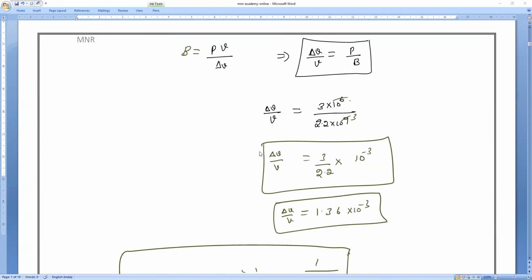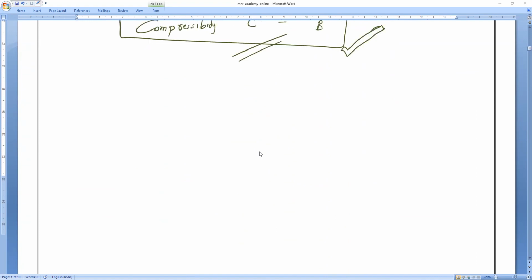Write the next question. This is the last question regarding these moduli of elasticity.